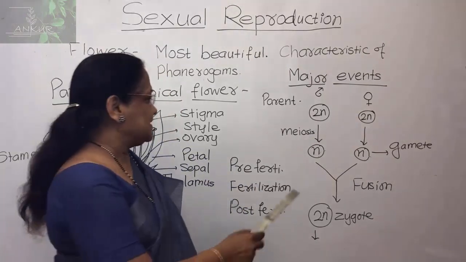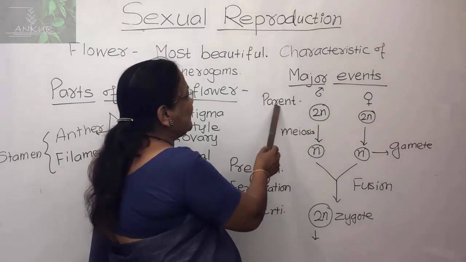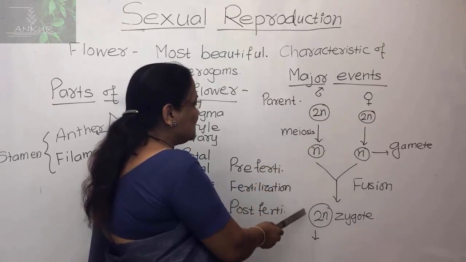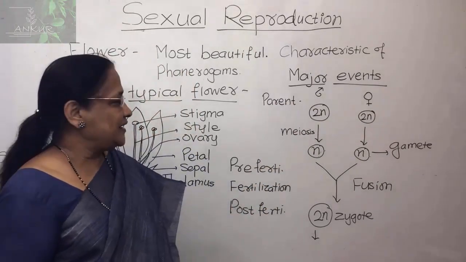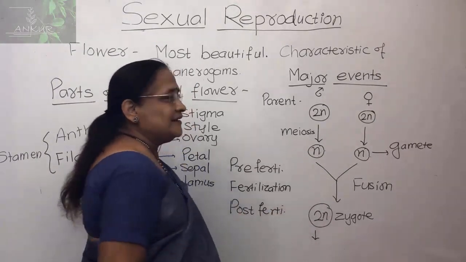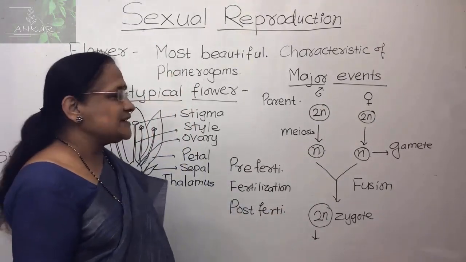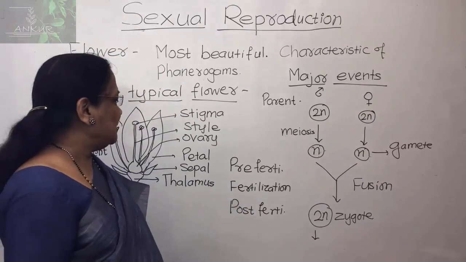After fertilization we again get the same chromosome number as the parent, the diploid 2n number, and that structure formed is called the zygote, and from this zygote, after embryogenesis, we get the new plant.